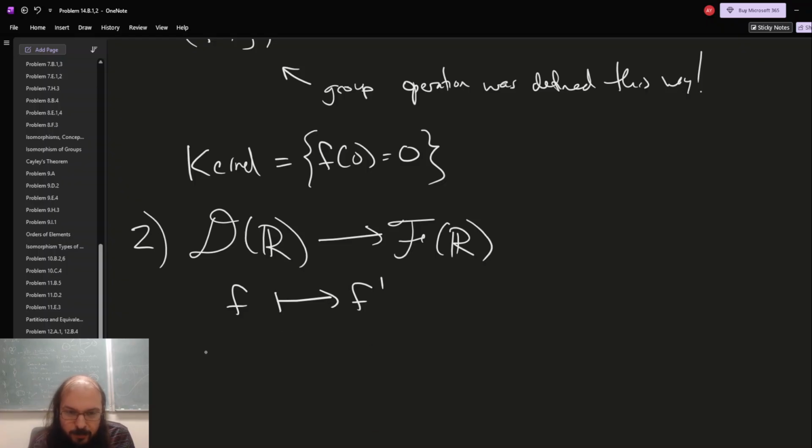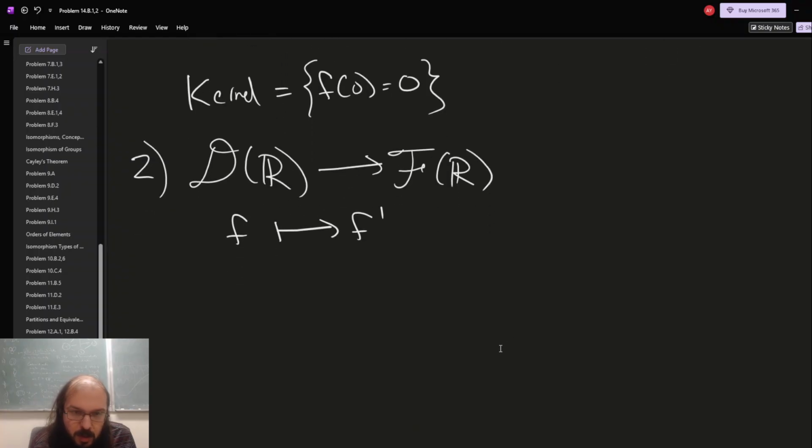Okay, so again, we have to see that this is a homomorphism. I don't feel the need to use the symbol phi for this. We usually use the letter capital D for the derivative as an operator. So I'll do that here.